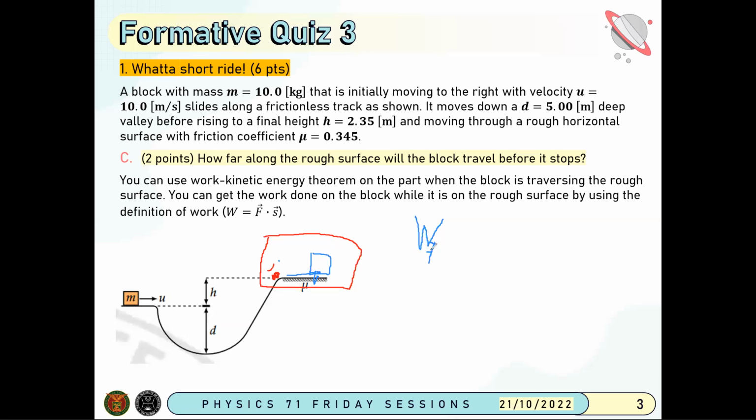By the force. So dito, frictional force lang siya. Okay. Should be equal to the force done, which is a friction, times that product with the displacement S. Okay. So yun yung hinahanap, yung displacement S.